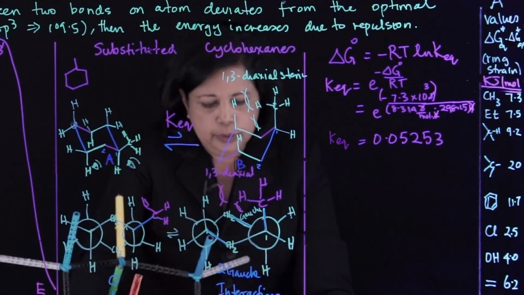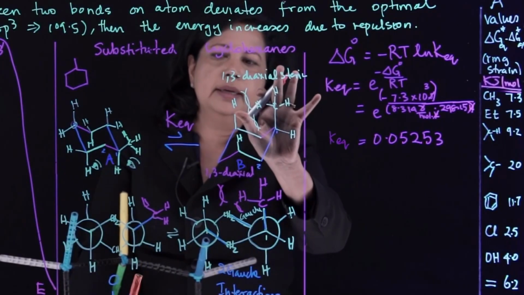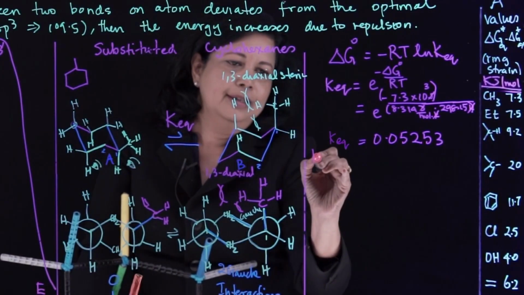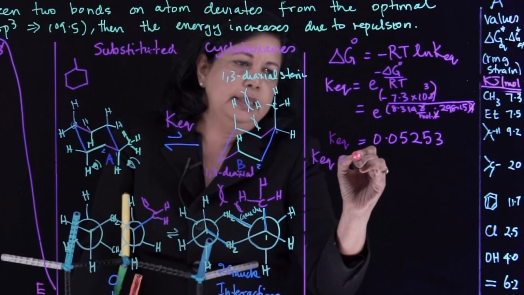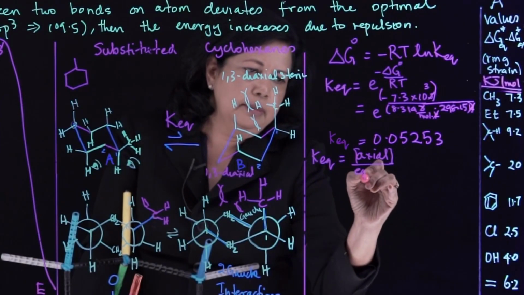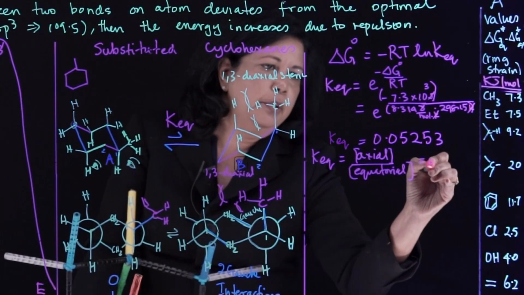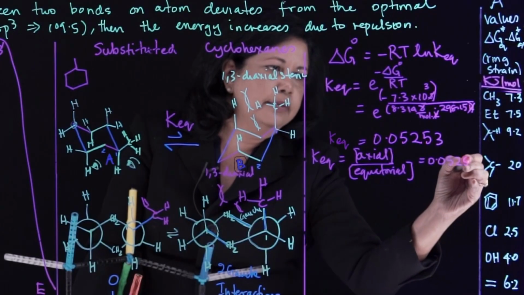So we know that K equilibrium, the way we have said it, is products over reactants. So K equilibrium is going to be the axial amount over the equatorial amount, and that is going to be 0.05253.